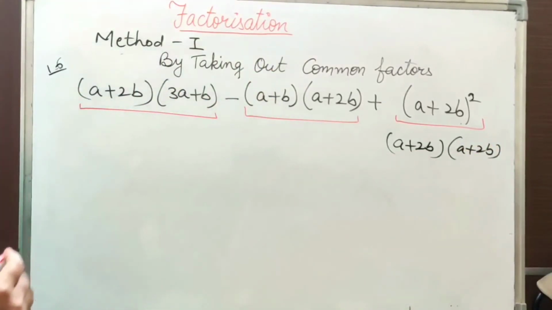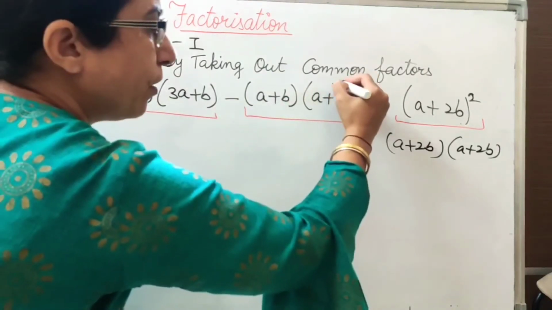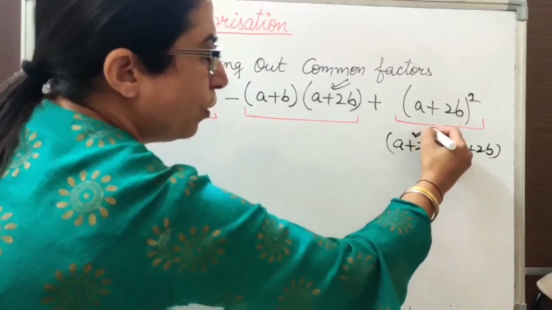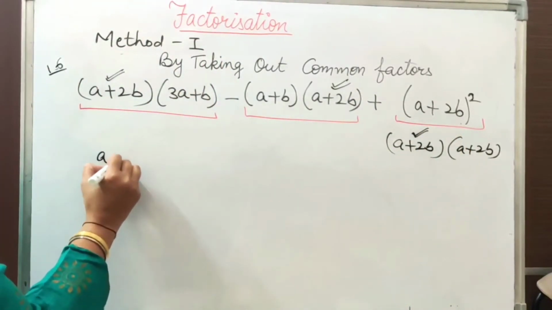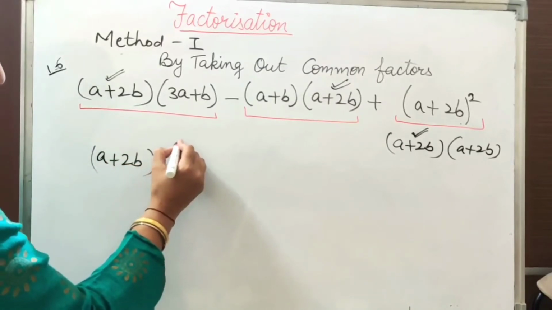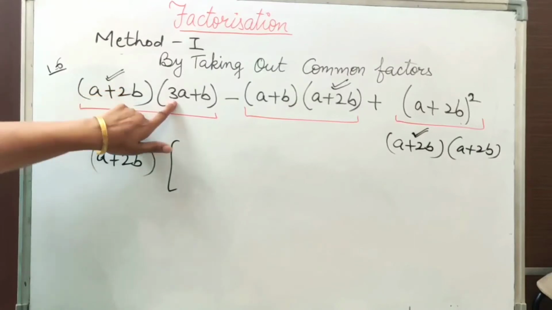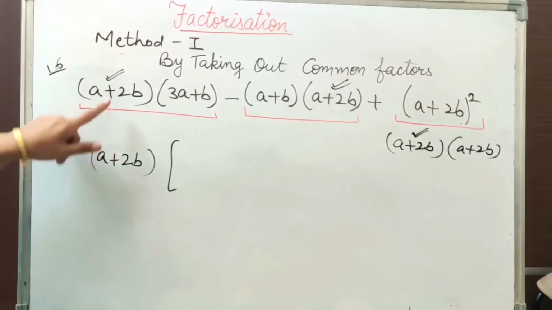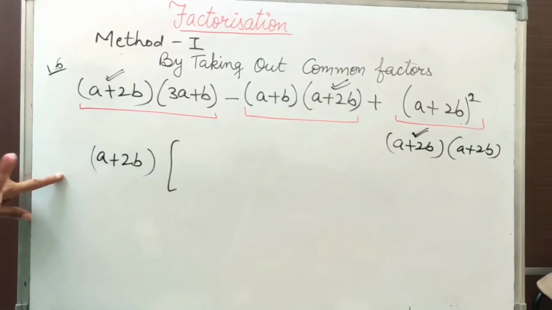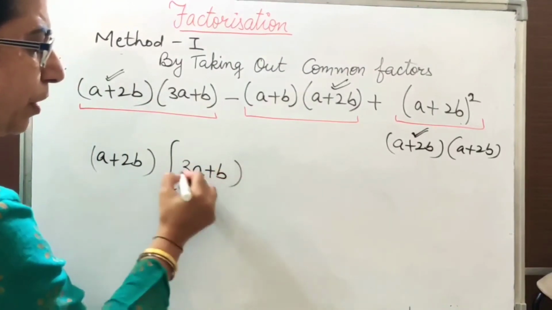So that is why we can take one a plus 2b bracket as common factor from the first term, the second term, and the third term. Now we will write the quotient in the second bracket. From the first term, 3a plus b is left.